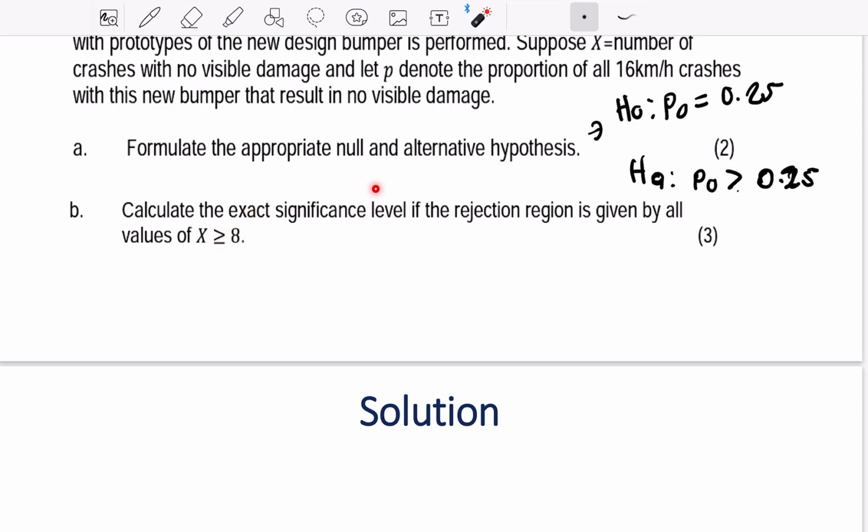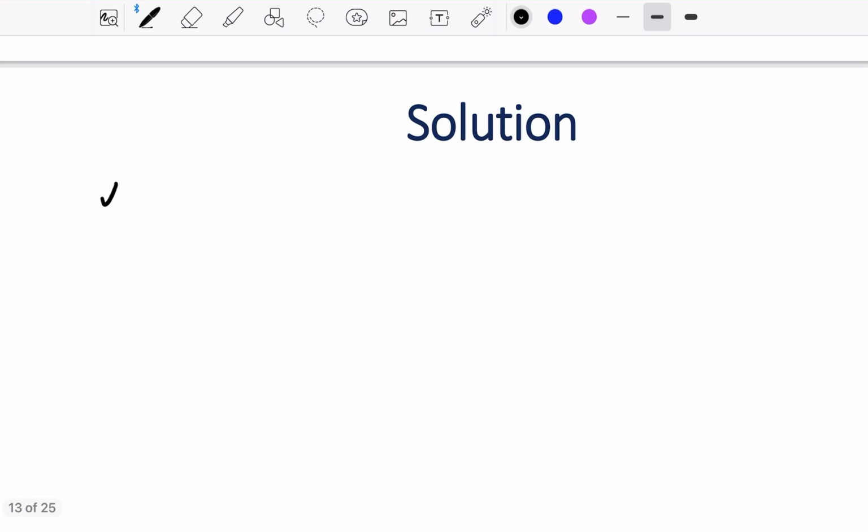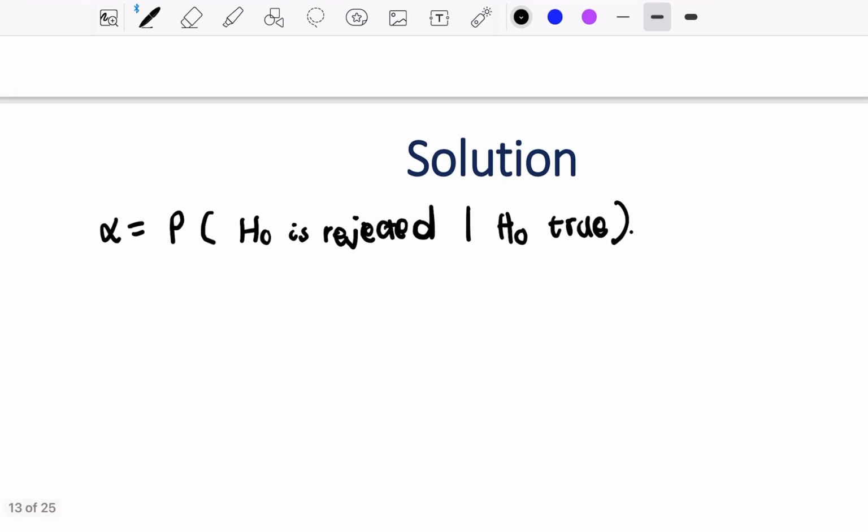Significance level, remember, that's your type 1 error probability, defined by alpha, and it is the probability that H0 is rejected given that it is actually true. So you reject the null hypothesis while it's actually not supposed to be rejected.